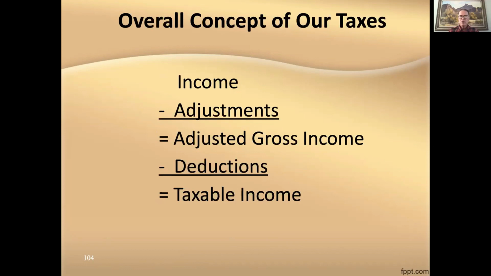And then we subtract all the deductions like standard deductions or itemized deductions to arrive at taxable income. And that is exactly what the 1040 page 1 is. It has the basic information at the top, and then it has a number of lines that deal with income. And then it has a number of lines that deal with adjustments, and it gets you the adjusted gross income. And then there's a couple lines that deal with deductions, standard or itemized. And at the bottom of page 1 of the 1040 form, you come up with taxable income.